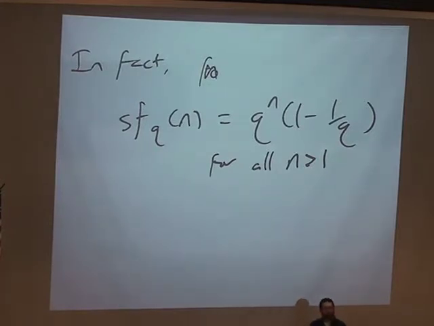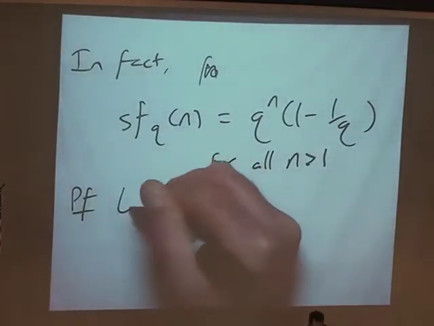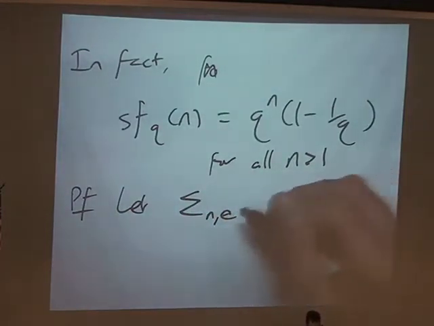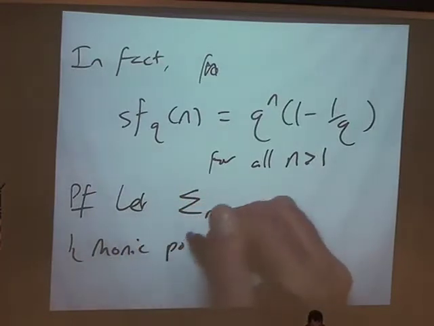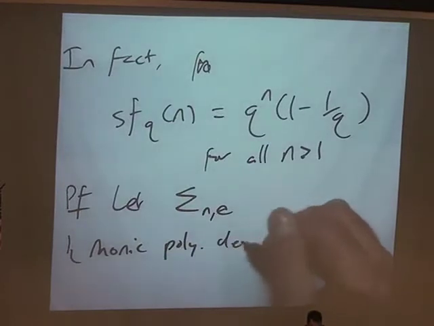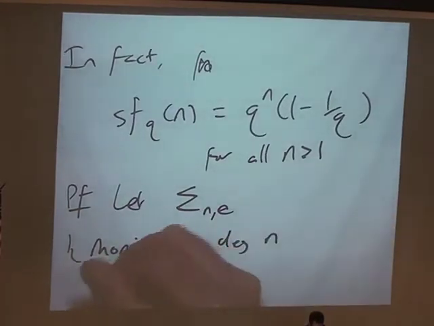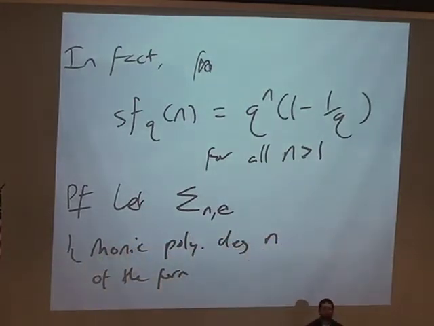So let me give a sketch of an argument for why this is true, because I feel like I should prove something. So, proof. Let me denote by sigma sub n,e the set of monic polynomials of degree n of the form, so I'm going to factor it into a square-free part and a square part.